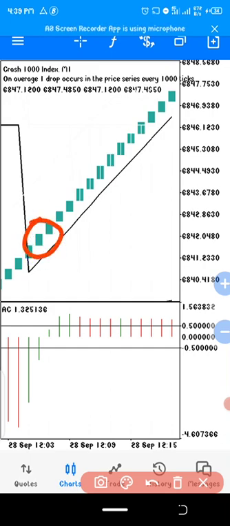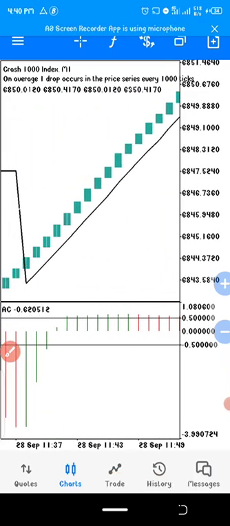This time it is Crash 1000, so we want the candles to close above the Ichimoku. And once the candle closes above the Ichimoku, we want the oscillator to close above the 0.5 level. Once we get that first bar that closes above the 0.5 level for the oscillator, that will be our trade entry, and you're going to be taking 3 to 5 candles, like I said.